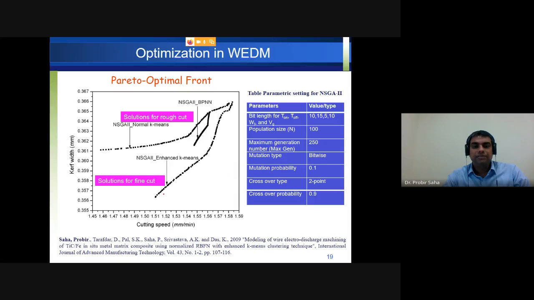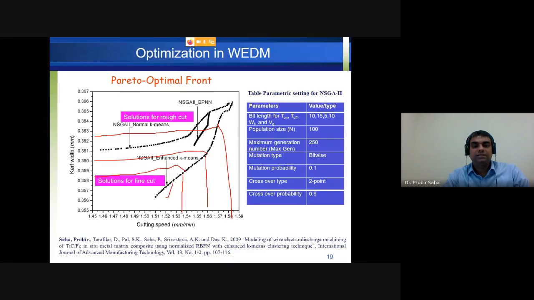From here you can understand that NSGA2 with enhanced k-means gives the best solution. For the same cutting speed, the kerf width is minimum, and that is what is desirable. So this is the best Pareto solution, right?